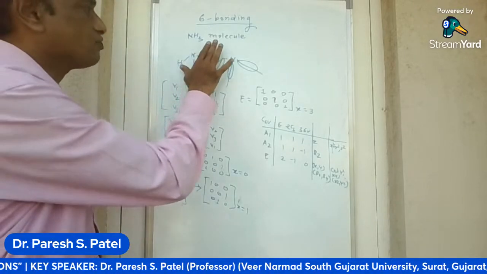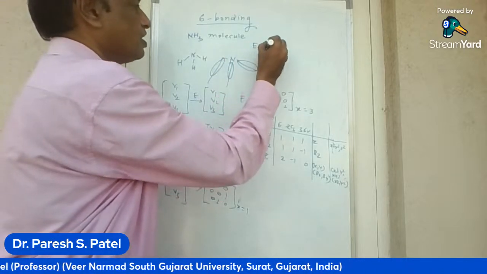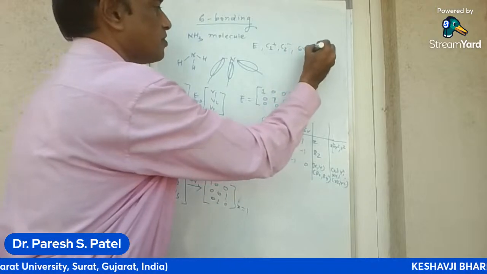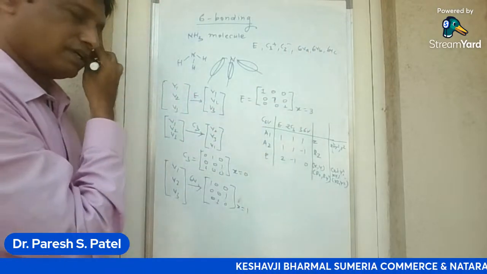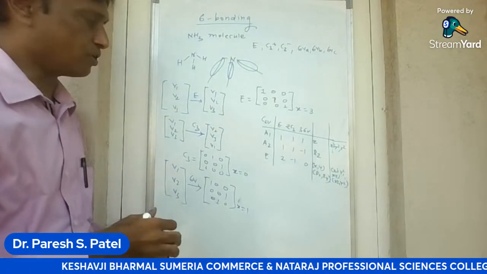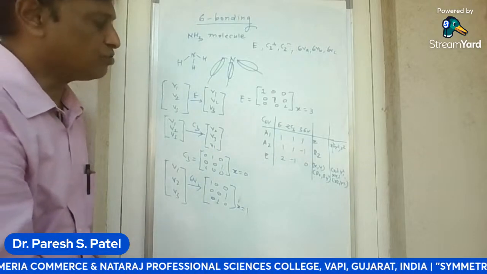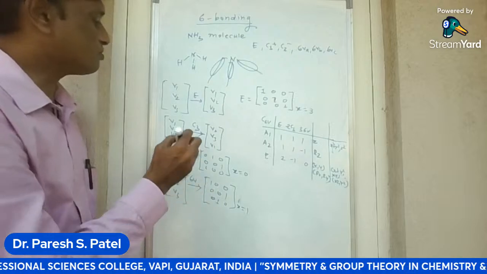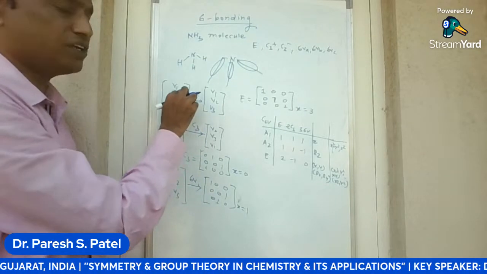So how do we find out how many hybrid orbitals are involved in sigma bonding? First of all, find the symmetry elements present in the molecule: E, C3 plus, C3 minus, sigma Va, sigma Vb, and sigma Vc. The point group of the ammonia molecule is C3v. This is the character table for the C3v point group, and you will be provided this character table in your exam. First perform the identity operation on the three vectors.